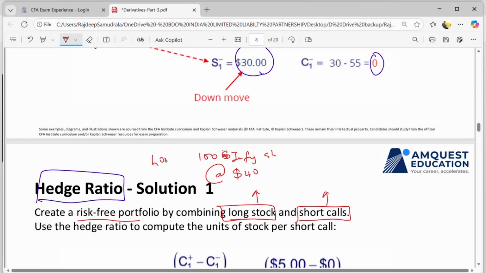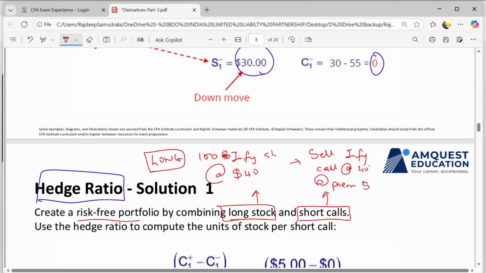What I did, I went long on 100 Infosys shares. Market price is $40. Understood? Now I am going to go and short calls. Meaning I am selling calls. I am selling Infy call. Now the call value, let's say I put 40, that brother, you buy at 40, I sold it, and on this I earned the market premium.